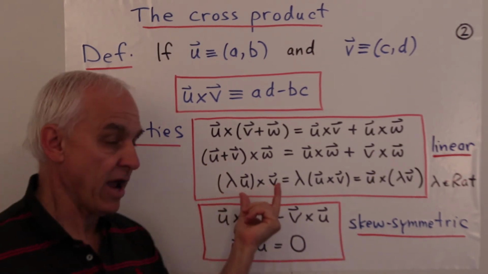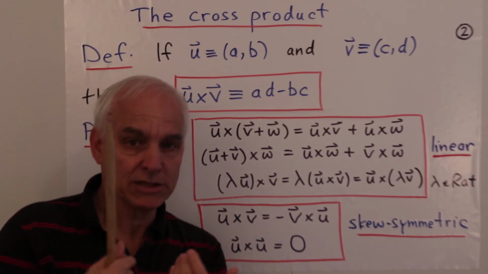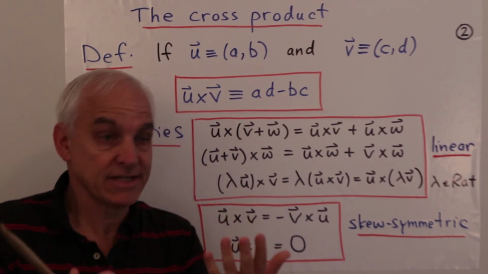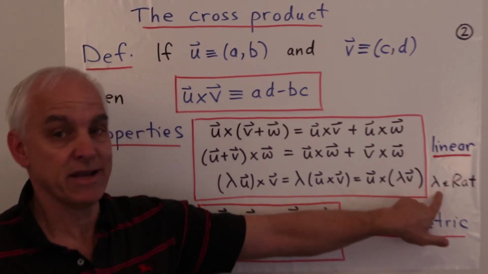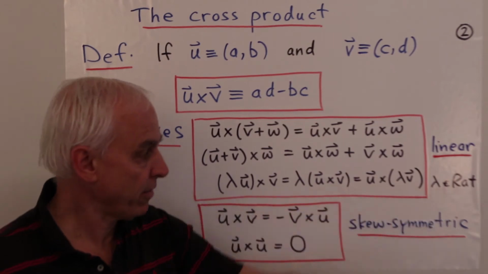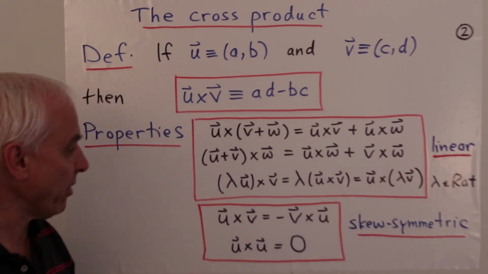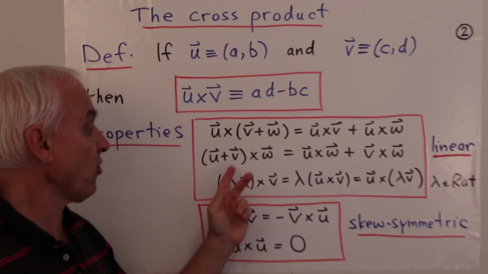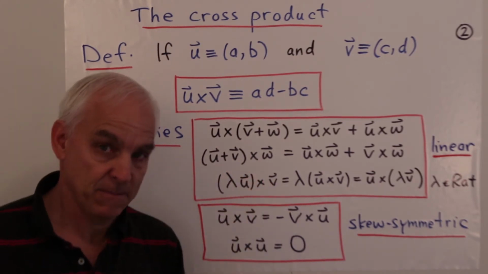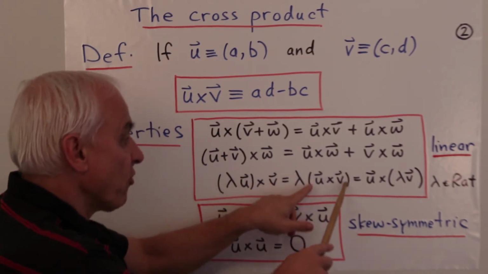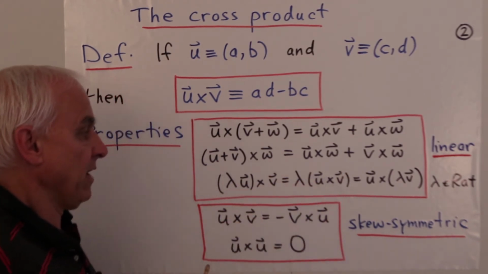And the other linear aspect is what happens when you multiply one of these vectors by a scalar. In other words, a number, lambda, which for us typically always means rational number. So lambda is a rational number. Then if you take the vector u and you multiply it by lambda and then take the cross product of that with, say, v, you end up getting the same thing as lambda times the cross product of u and v.